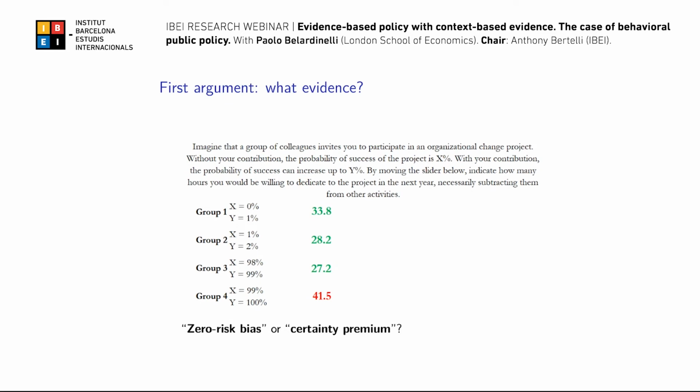Some people call it certainty premium, like it makes sense to attach a premium on certainty. And so this is the first point that I want to make. Same facts can be interpreted very differently depending on the theoretical approach.